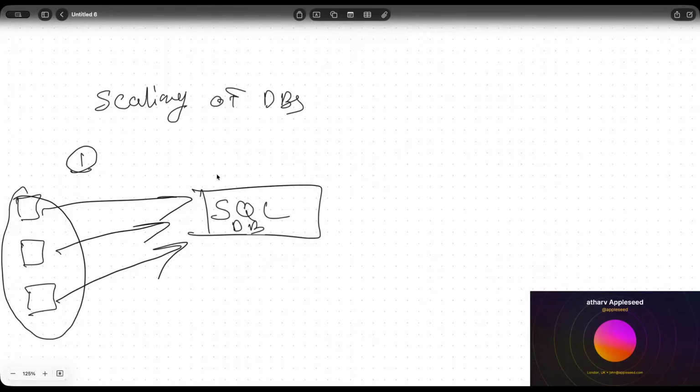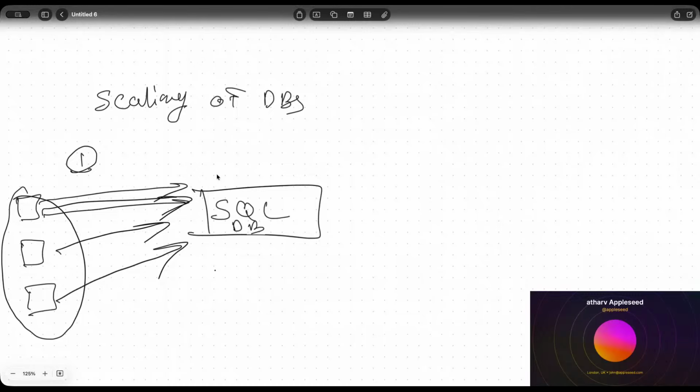So there might be a case that each of these pods is opening a new connection for every database query that it makes. So in SQL databases, it becomes a bottleneck.